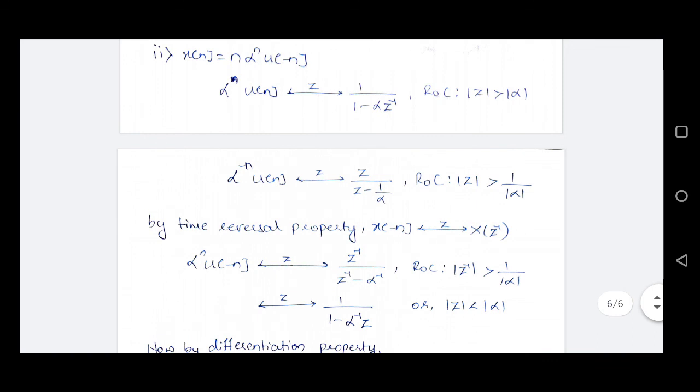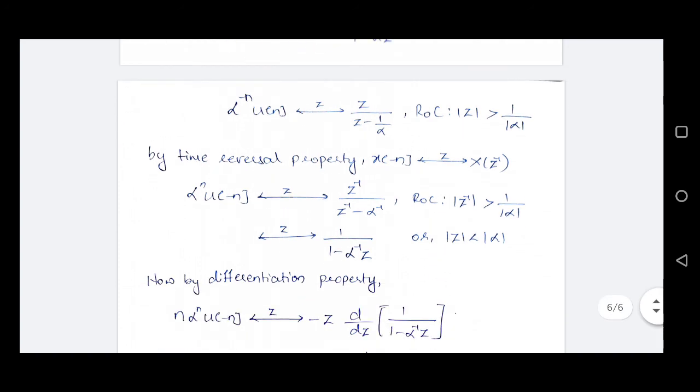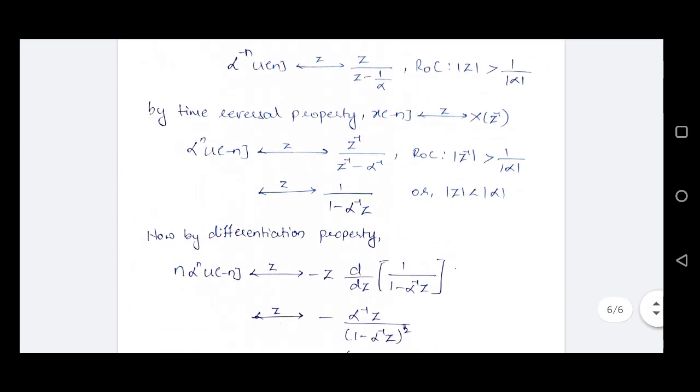Now if the power is negative, the z transform of alpha^-n u[n] will be z divided by (z - 1/alpha). This time the region of convergence will be mod of z greater than 1 divided by mod of alpha. By applying the time reversal property, x[-n]'s z transform X(z^-1), the z transform of alpha^n u[-n] can be written as z^-1 divided by (z^-1 - alpha^-1), where the region of convergence will be mod of z^-1 greater than 1 divided by mod of alpha.